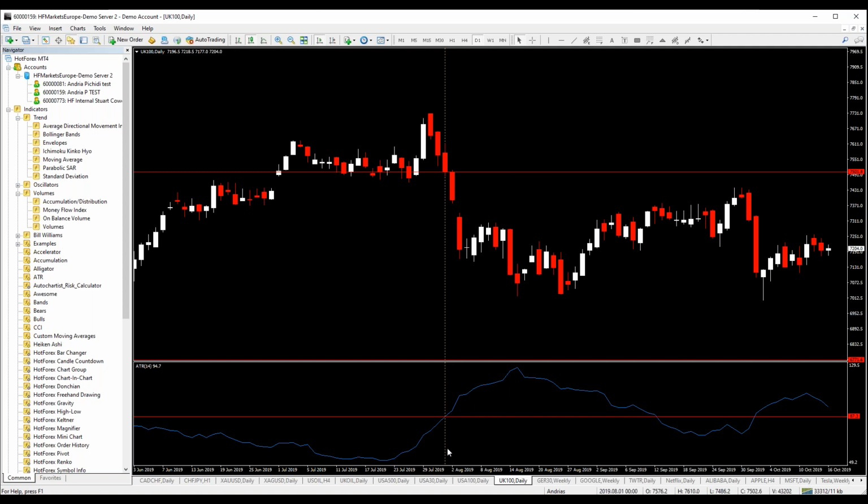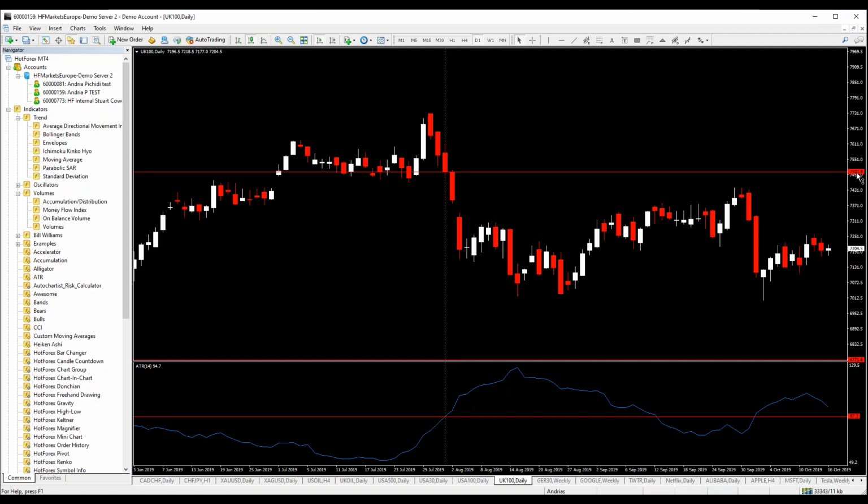ATR is at 87. Okay, so now I have to decide where I will set my target and where I will set my stop loss. I will place my stop loss either 87 pips above my entry or at a multiple of the ATR. So let me do the maths.